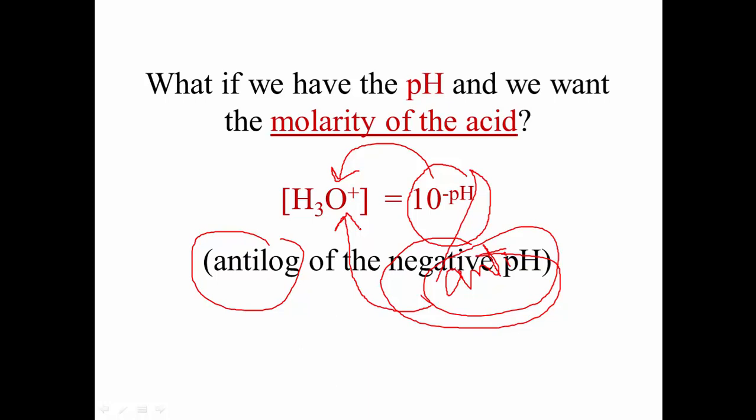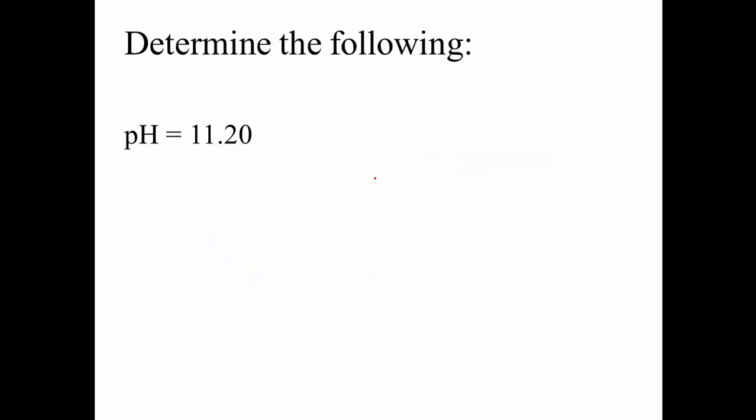The anti-log is the second key. So you've got your second function key. Hit second and log, and you're going to see the little 10 and the little caret come up, and then you're going to put the negative pH in there, and that is going to turn that into the hydronium ion. So let's try this.